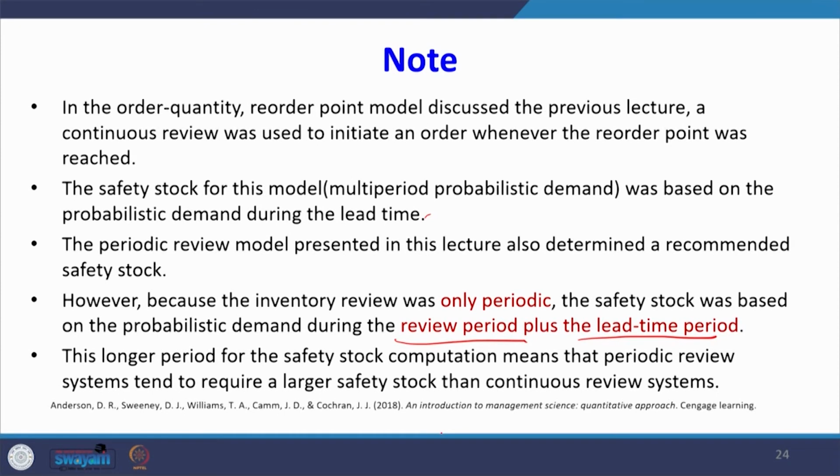In the previous lecture, we discussed the demand during lead time, but now we are considering demand during the review period plus lead time period. So, the longer period of safety stock computation means that the periodic review system tends to require larger safety stock than the continuous review system.